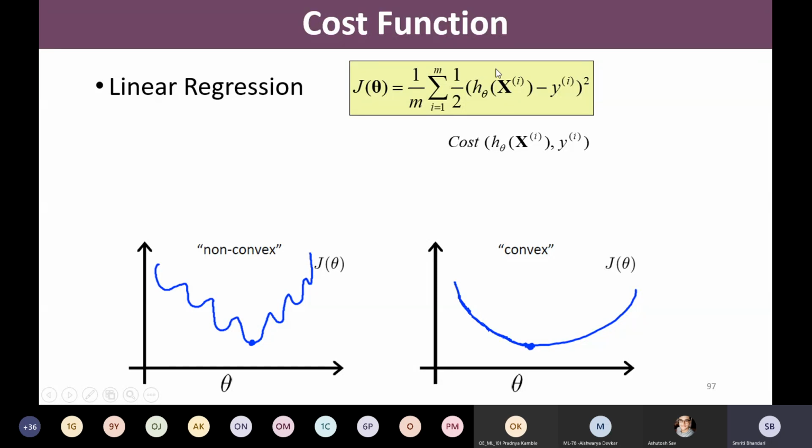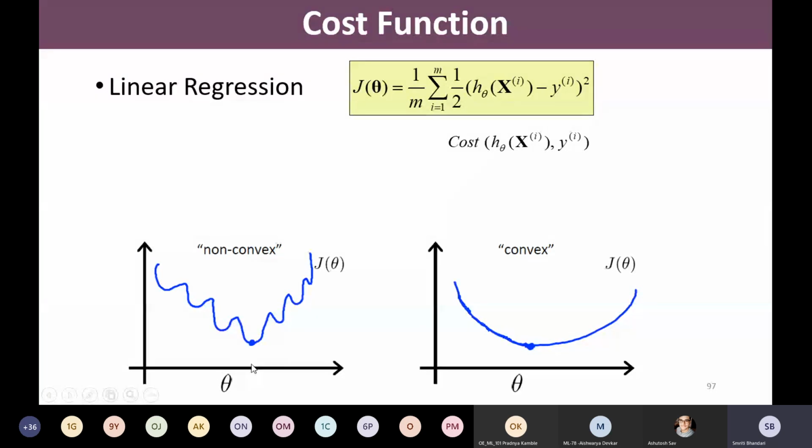But if we look at the cost function defined for linear regression, we have here the sum of squared error. If we use the same kind of function for logistic regression, it is possible that we come up with a non-convex function. Just look at the nature of this curve. This is non-convex.